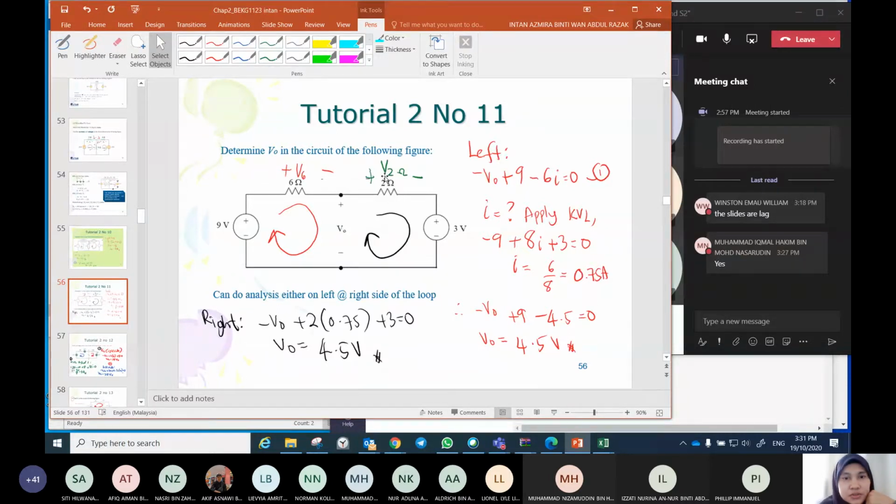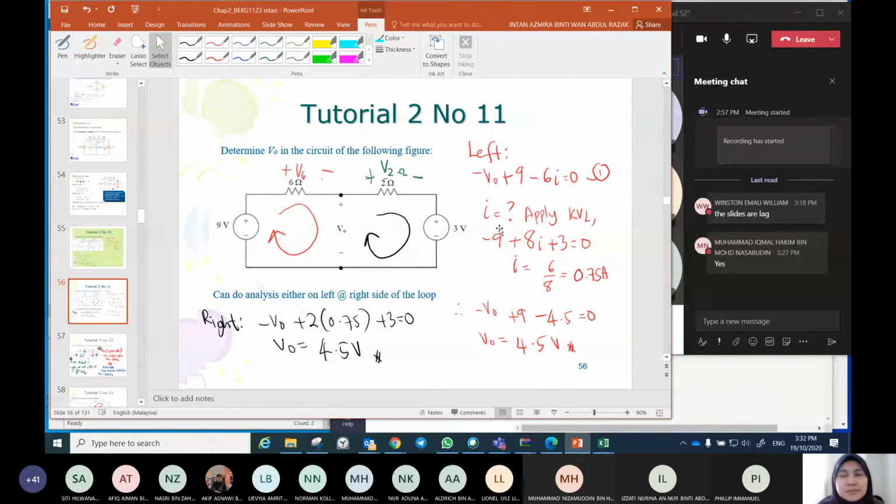What is the V of 2 ohm? V is equal to IR. So in the bracket is I, this is R, and then plus 3, equal to 4.5 volt. This equation can be solved only when we find the current first.